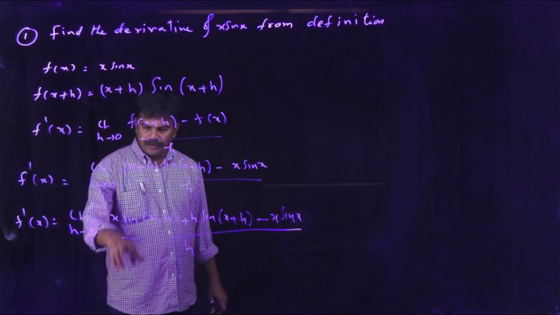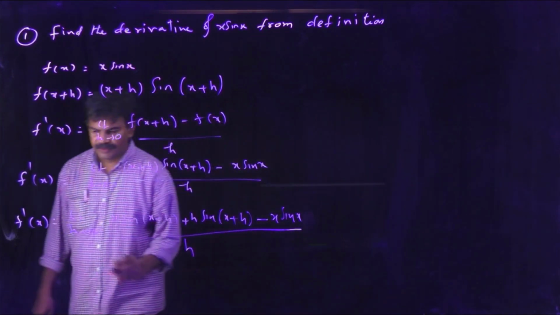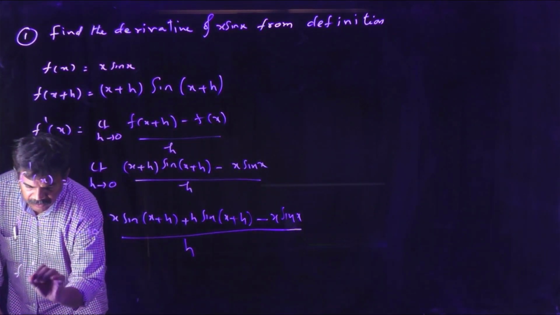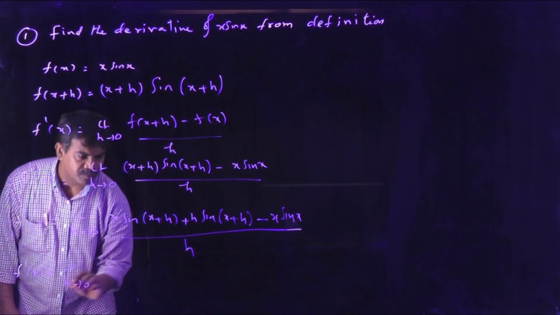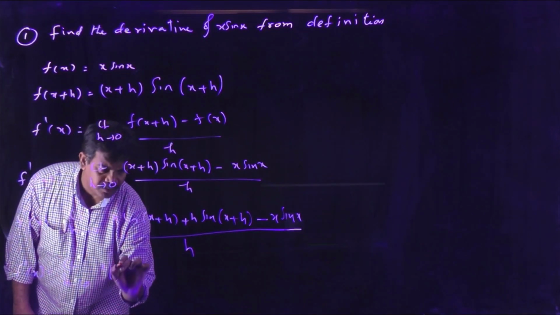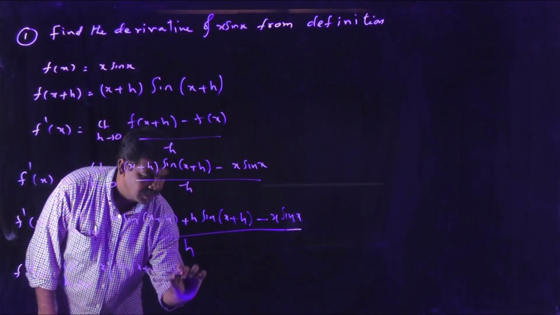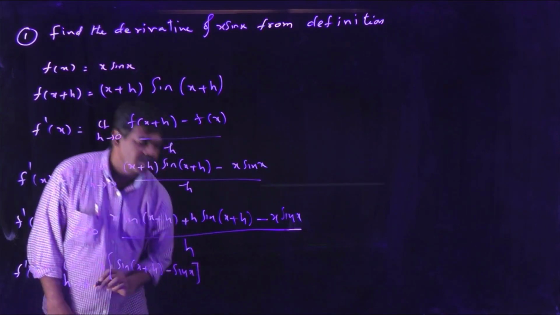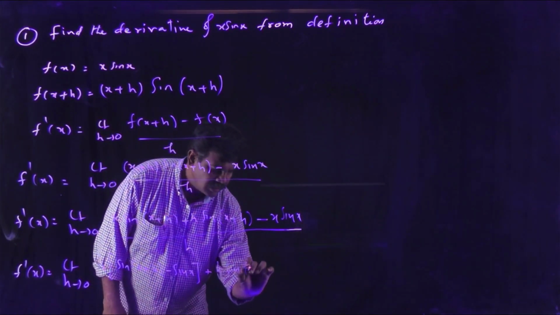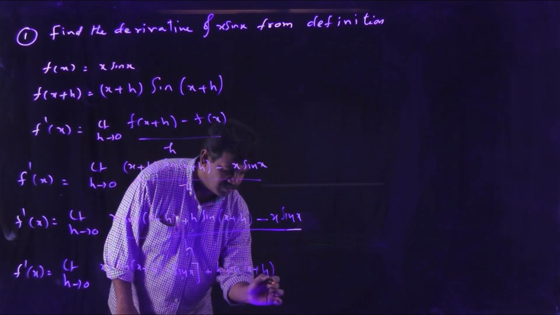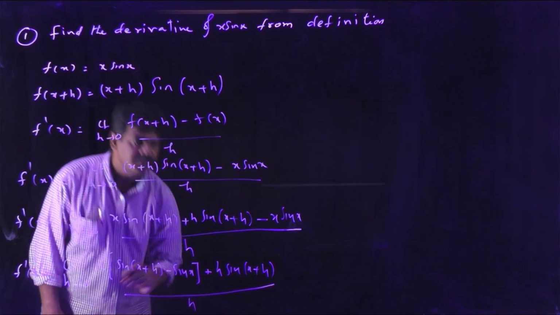So in these two terms the x is common. It is f dash x is equal to limit h tends to 0, so x is common, sin of x plus h minus sin x, plus h into sin of x plus h, by h.